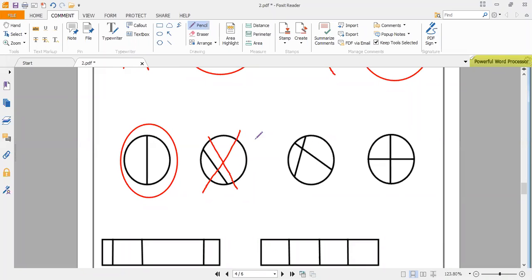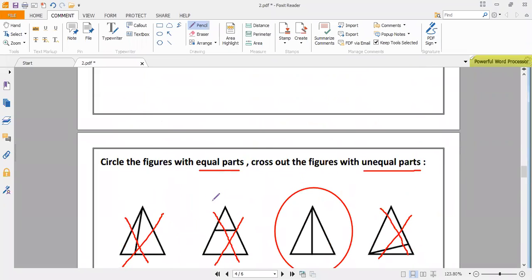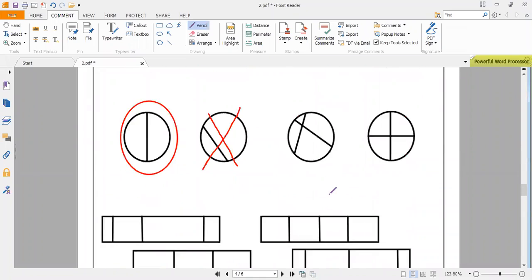The question here said choose the figures that show equal parts, cross out the shapes that show unequal parts. So I will choose this circle or cross it out. Cross out.